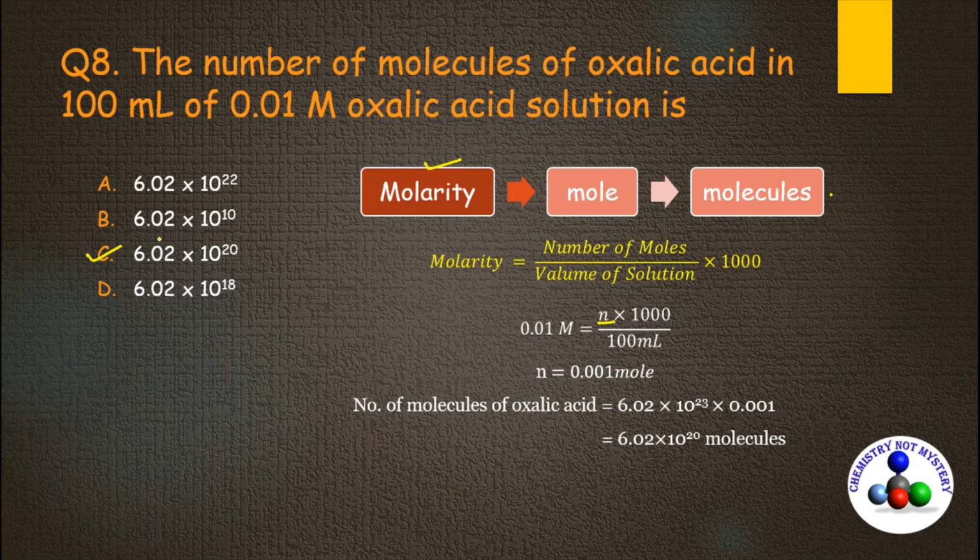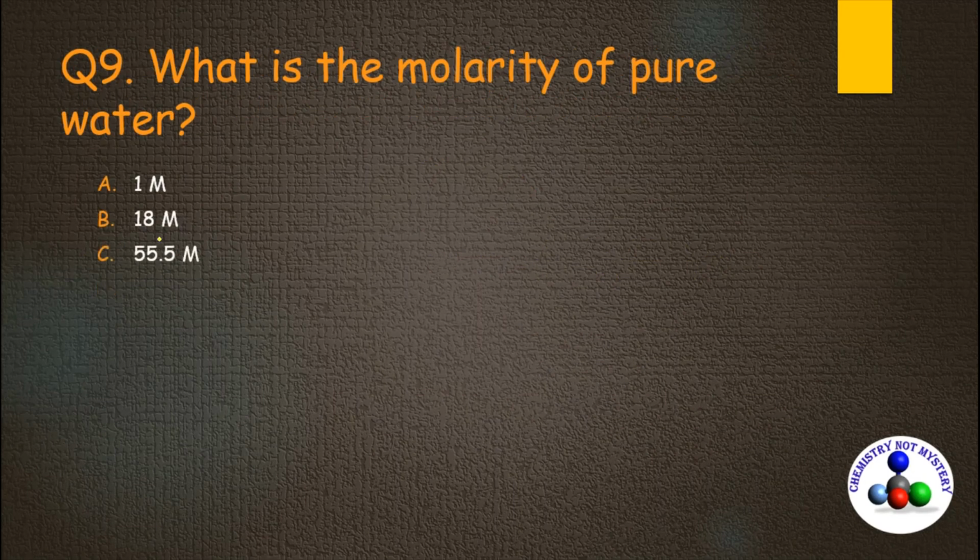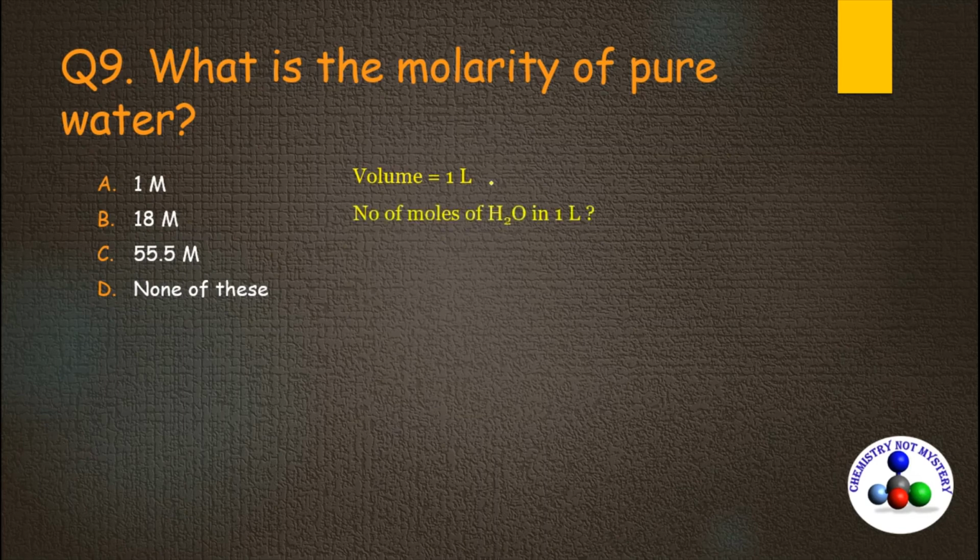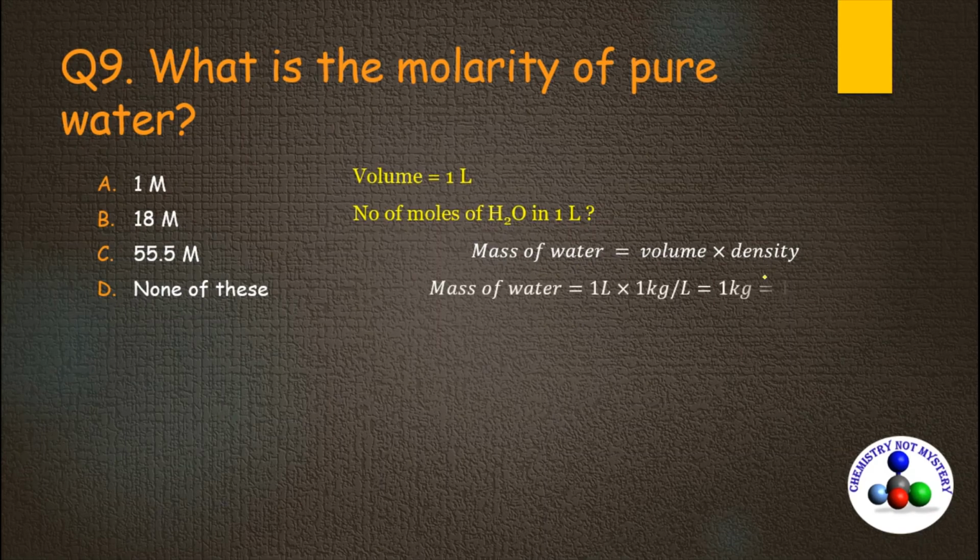What is the molarity of pure water? Here volume is not given, so you can take it as 1 liter. Here water itself is the solute. To get the mass of solute, you have to calculate the mass of 1 liter of water. You know the density of water is 1 kg per liter.